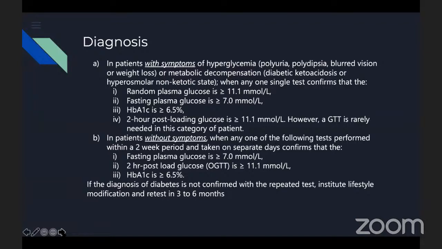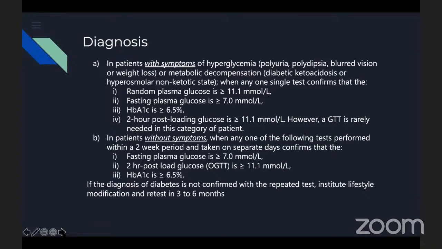For the patients who present with symptoms of hyperglycemia, i.e. polyuria, polydipsia, blurred vision, weight loss, or metabolic decompensation, so diabetic ketoacidosis, or formerly known as HONC or HHS, you only need a single test to confirm the diagnosis, and these tests are one of four: a random glucose of more than 11, a fasting glucose of 7 or more, an HbA1c of 6.5, and a 2-hour post-loading glucose of more than 11.